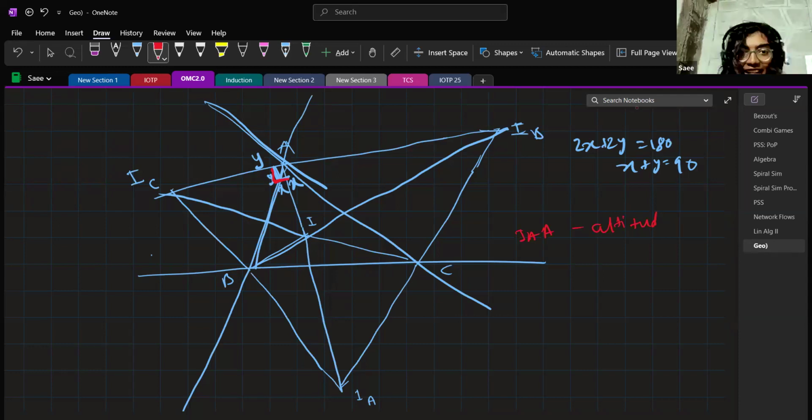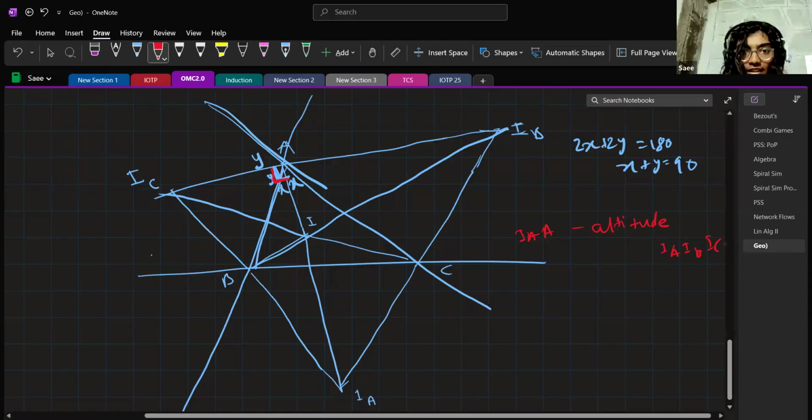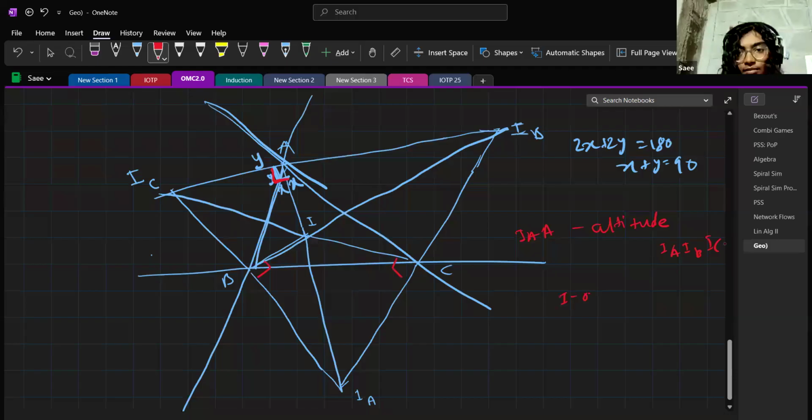IAA is perpendicular to IBIC, as we can see. So it's the altitude in IAIBIC. Similarly, these two others are also the altitudes. And that gives us a very nice result that tells us that I is the orthocenter of IAIBIC.